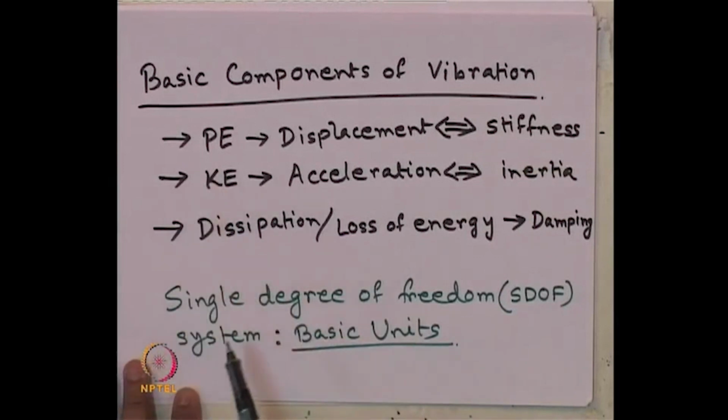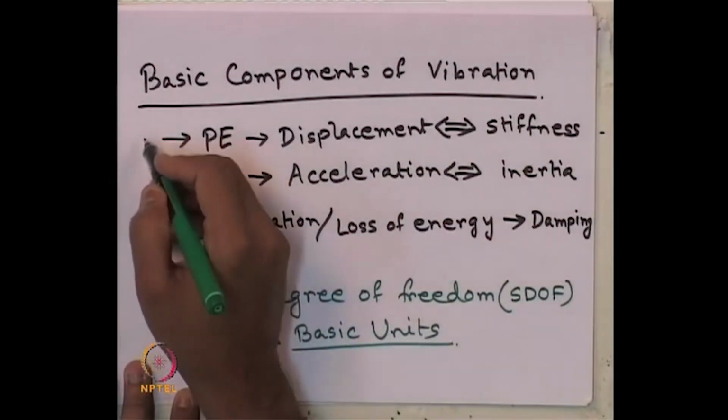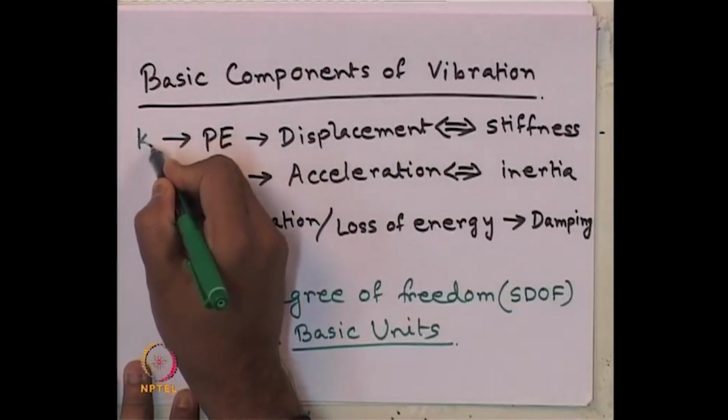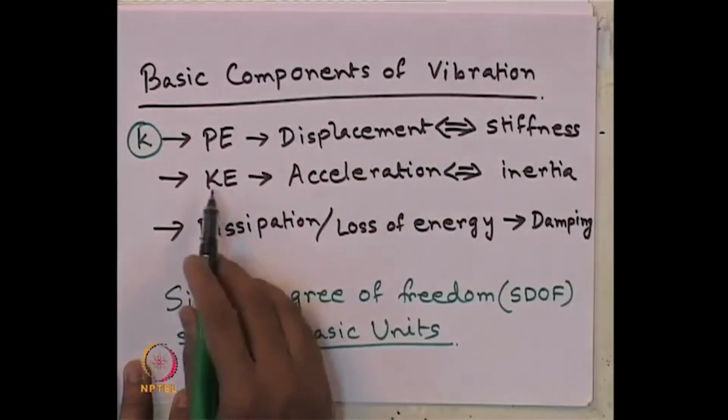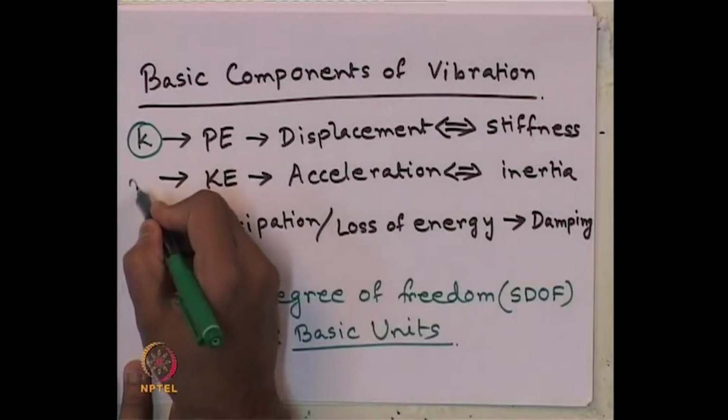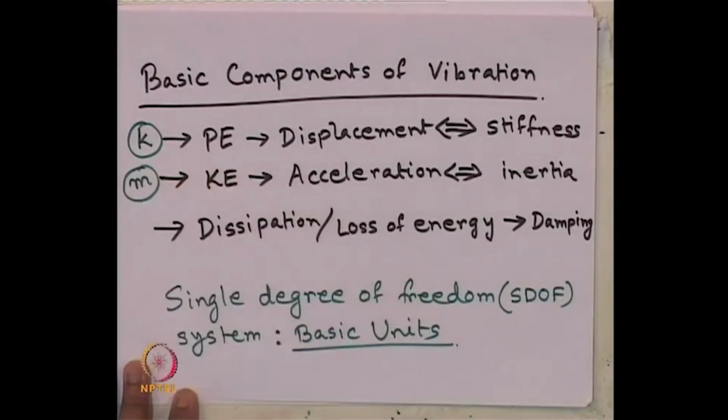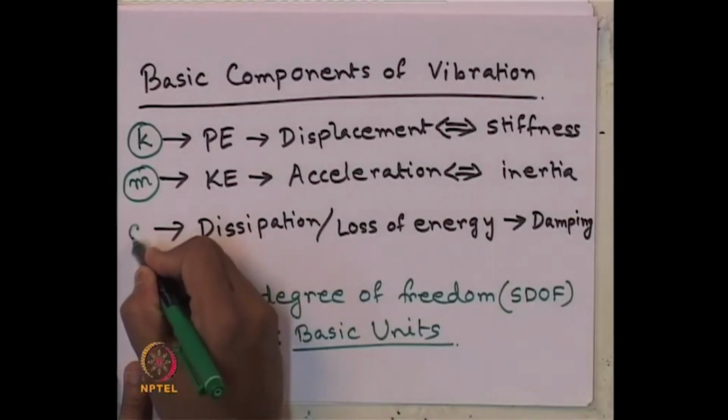Potential energy can be represented by a spring. The kinetic energy can be represented by a mass, and the dissipation or loss of energy can be represented by a damper.